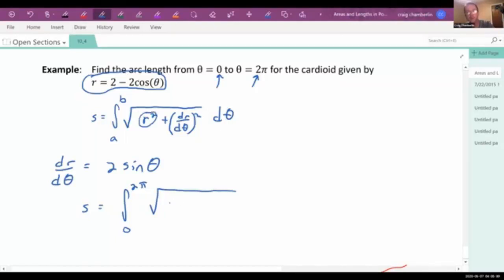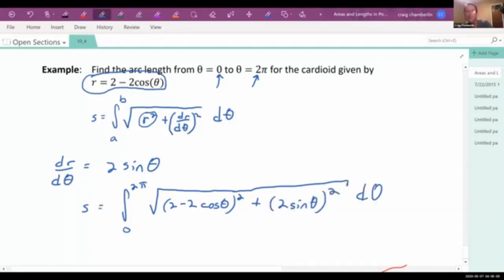So 2 minus 2 cosine theta, the whole thing squared, plus 2 sine of theta, the whole thing squared. That's dr d theta squared. And then d theta. Any questions on the setup?